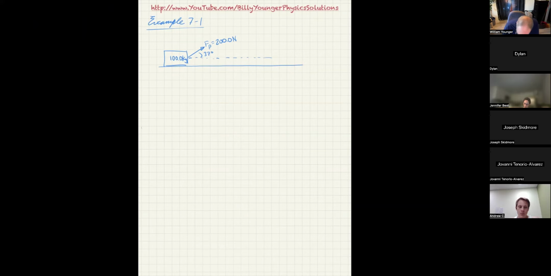We also have a friction force, and this friction force is actually going to be equal to, let's make this one 70.0 newtons. And we're also going to have some other forces on it.